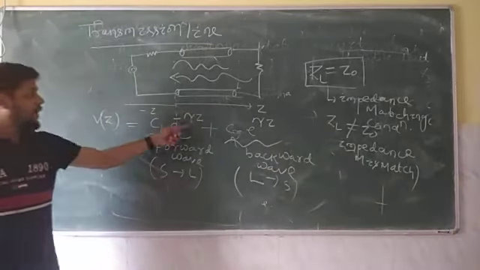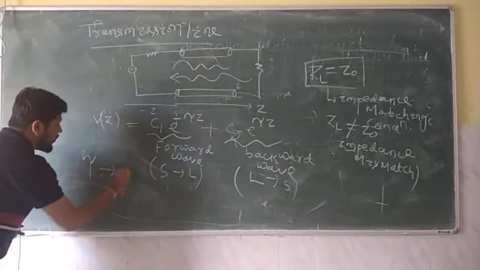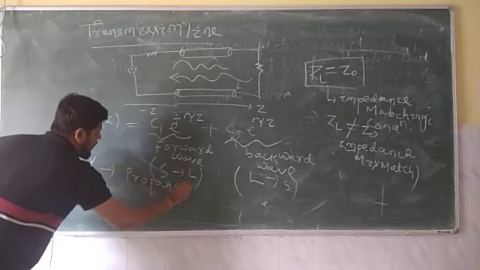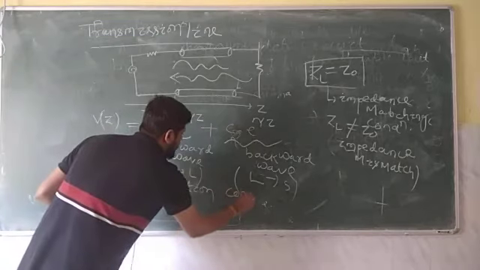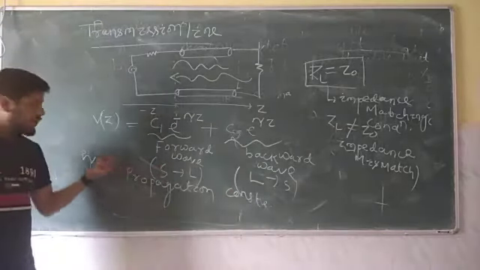This gamma is known as your propagation constant. So this is your equation of the voltage wave.